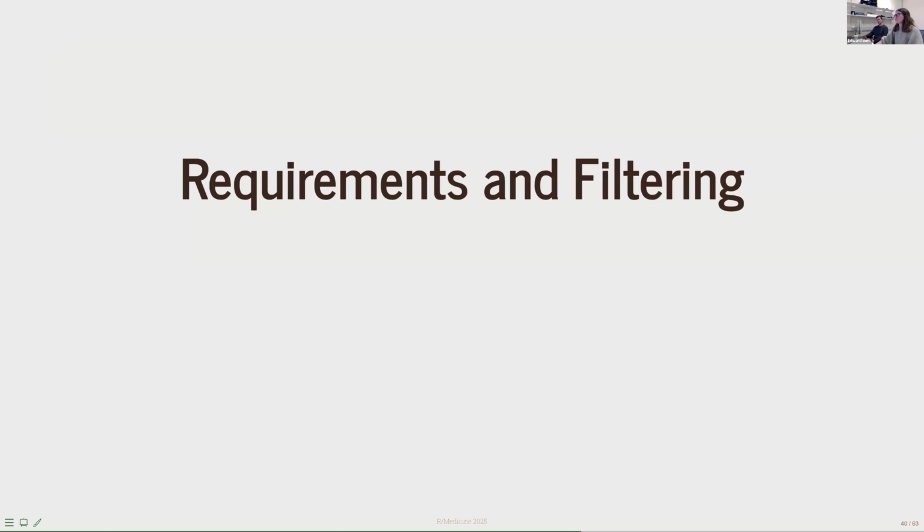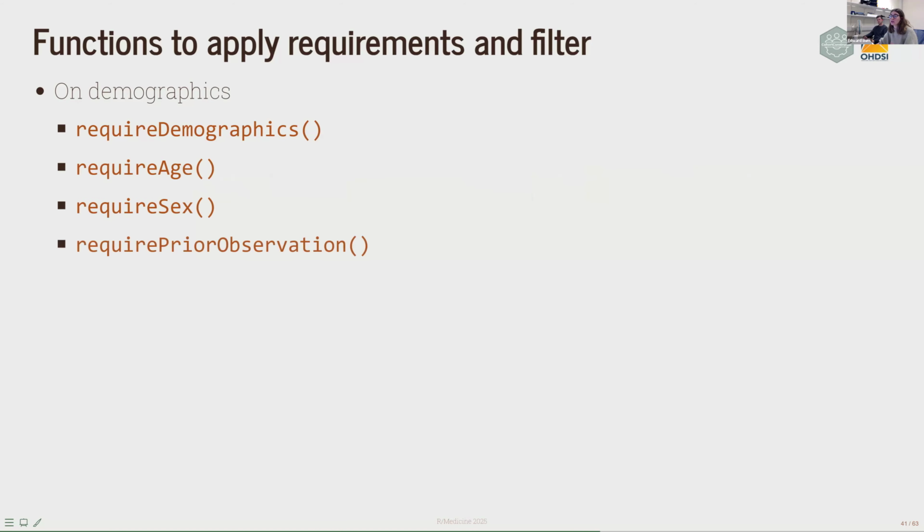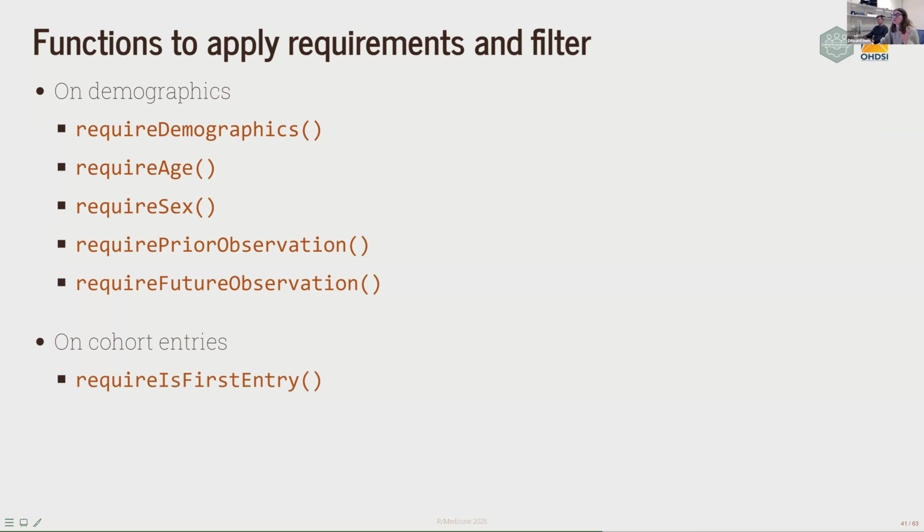And okay, now I'm going to present the first set of cohort curation functions, which are the filtering and requirement functions. So we have functions to apply requirements on demographics, which basically are age, sex, prior observation, and future observation. Then we also have functions to filter to a certain entry, for instance, the first, the last, or any entry, if you want to get the second entry to a cohort or the third one.